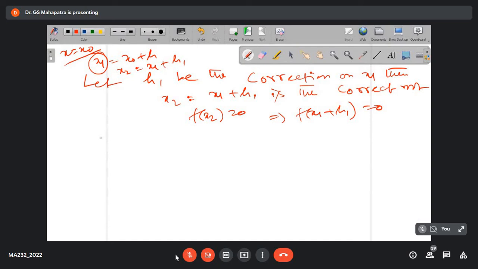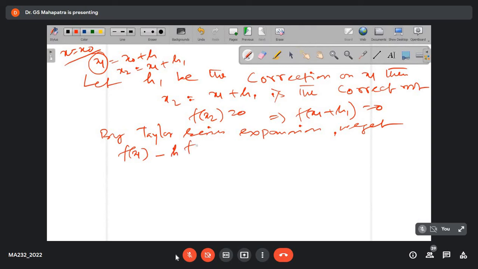Now again, by Taylor series expansion, we get f of x1 plus h into f dashed x1 plus h square by 2 f double dashed x1 and so on, equals 0, correct?